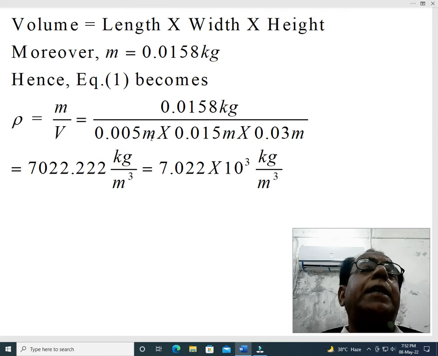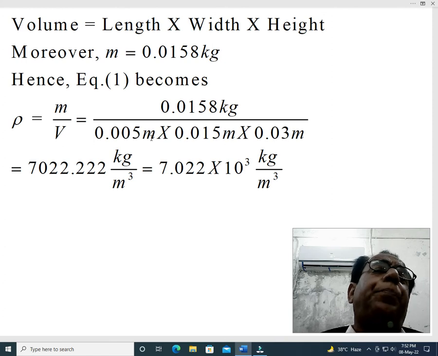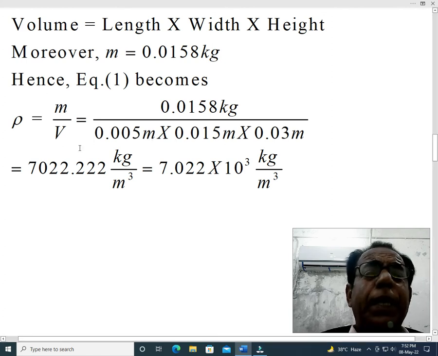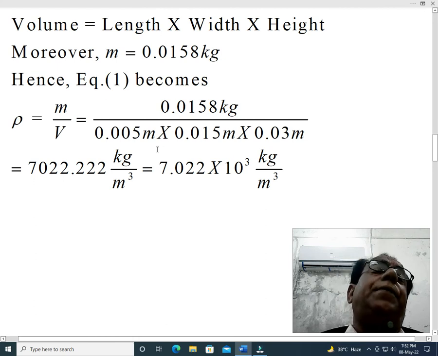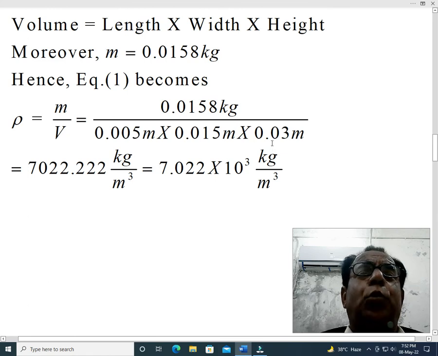When we convert meter into millimeter, we multiply with 1000. Given three values have been divided, that is why first value instead of 5 has become 0.005 and other instead of 15 has become 0.015 and third has become 0.03.